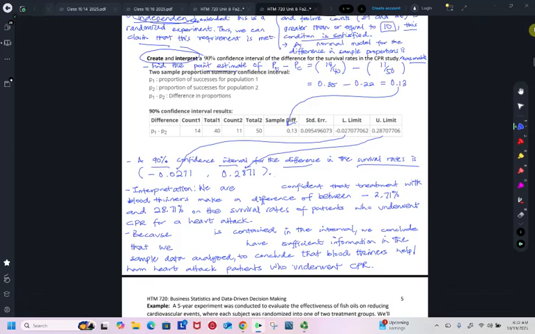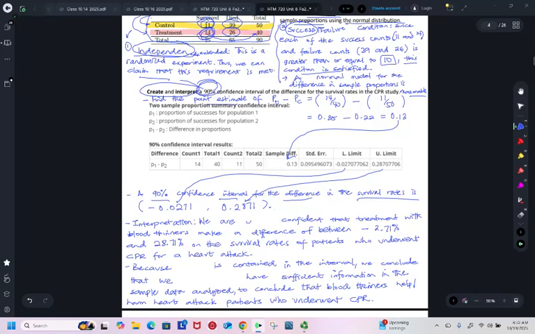This means that we are 90% confident that treatment with blood thinners makes a difference of between negative 2.71% and 28.71% on the survival rates of patients who underwent CPR for a heart attack.